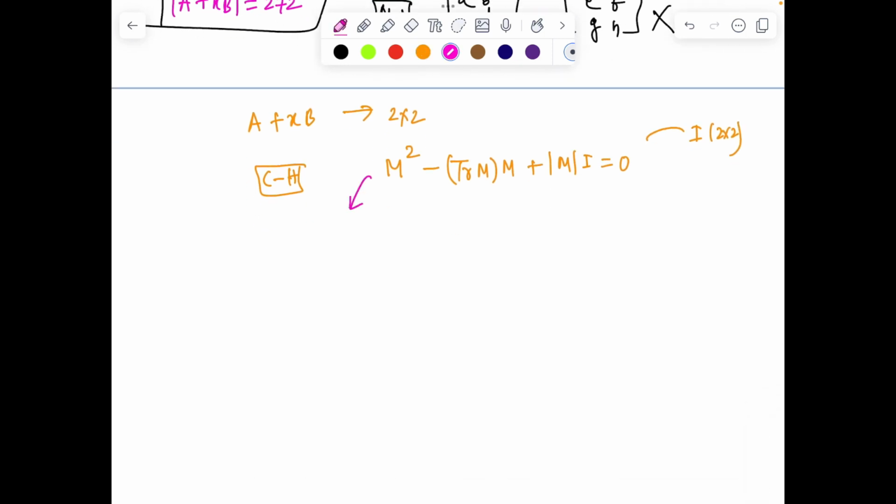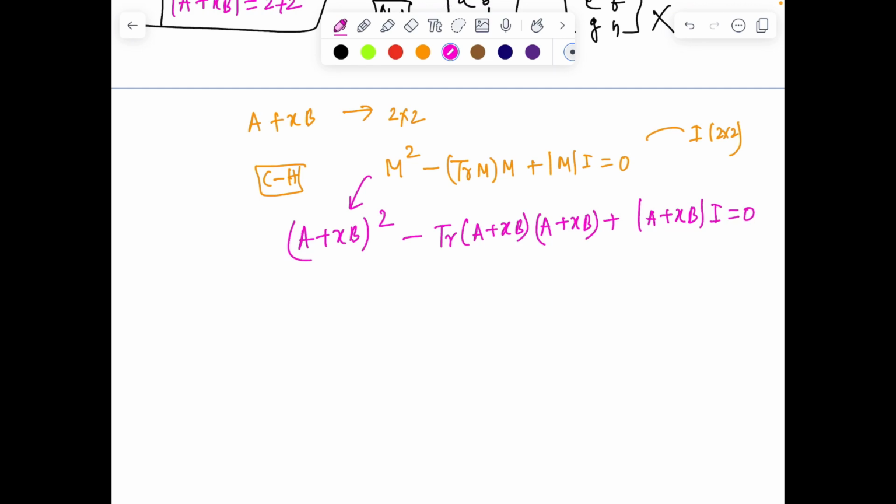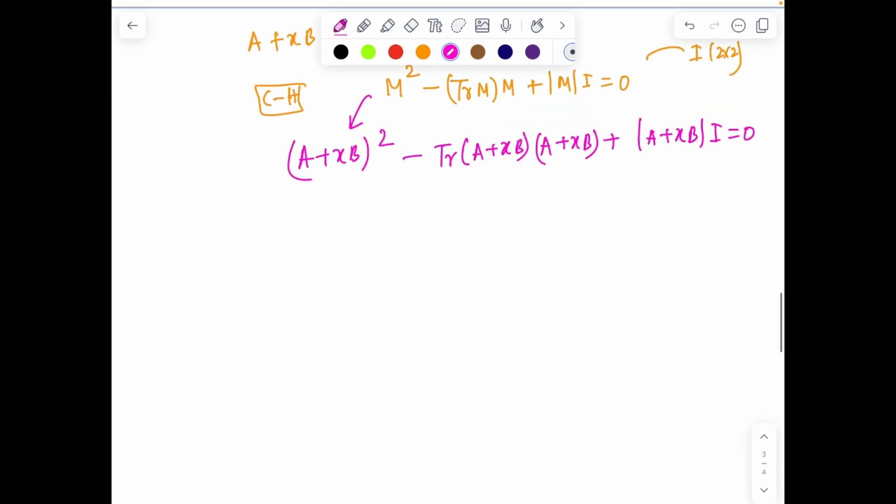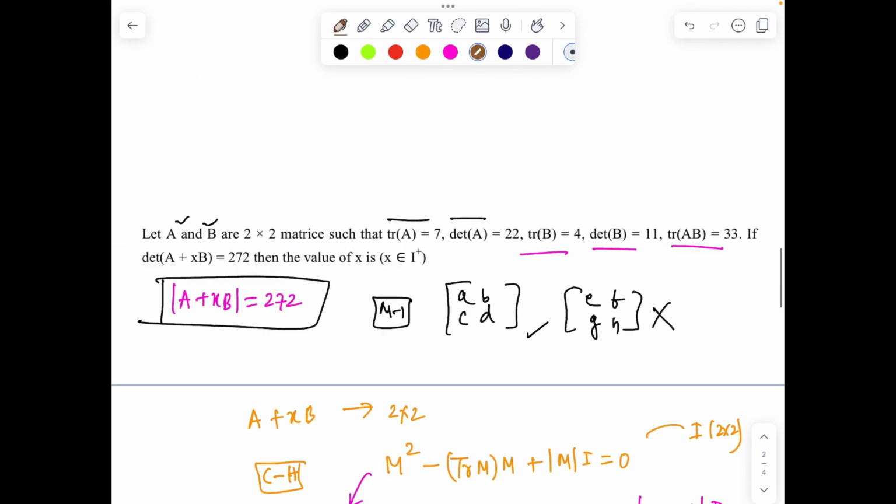Now here, instead of M, if I take A + xB, we'll get (A + xB)² - trace(A + xB)·(A + xB) + det(A + xB)·I. The motivation was this will give birth to the determinant of A + xB term, which basically we want to find.